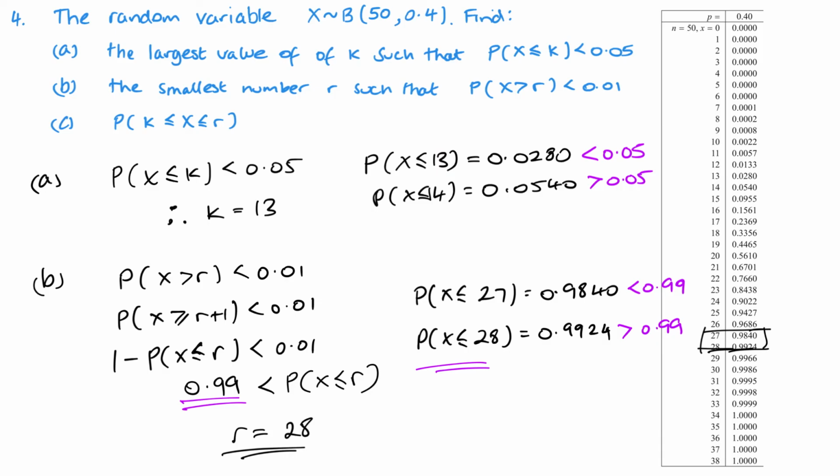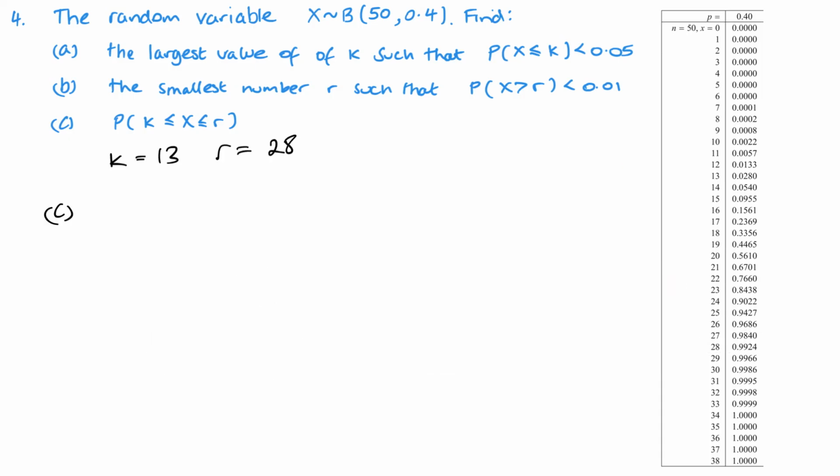And then my C, now that I've got the values, will be quite straightforward. So now we could say that this is going to be between 13 and 28. So this is going to be the probability when x is less than or equal to 28 minus the probability when x is less than or equal to 12. Remember that we want 13 to 28, so getting rid of 0 to 12 from my 0 to 28 leaves me 13 to 28.